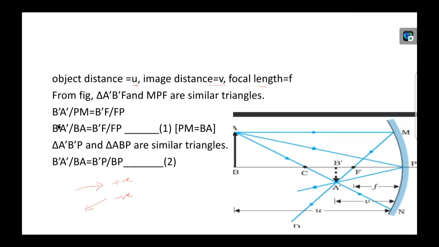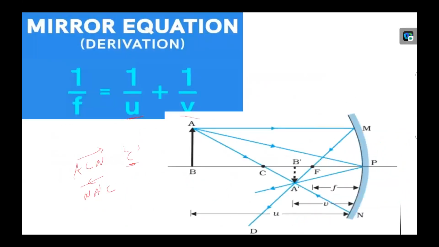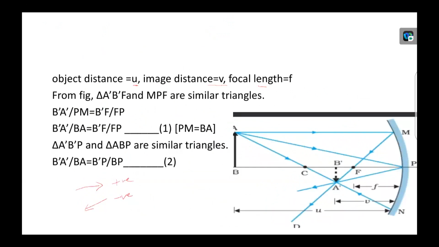Here we have taken two triangles. One is B dash A dash F, and another one is F P M. In this one we are going to drop a perpendicular from M to P, and we have got two triangles.